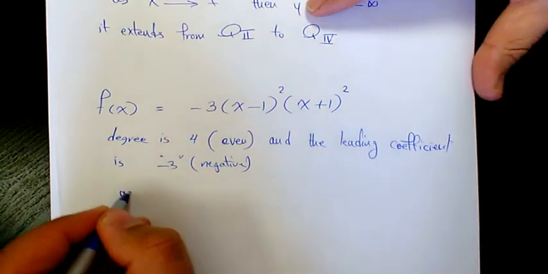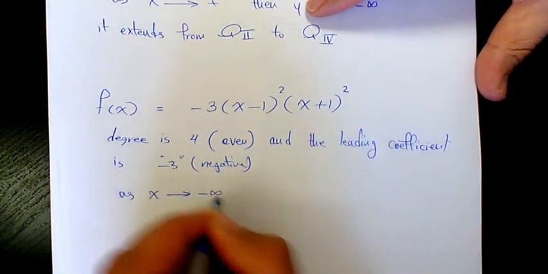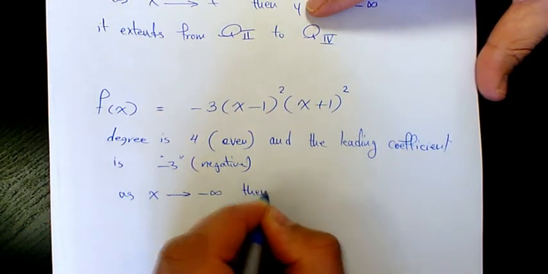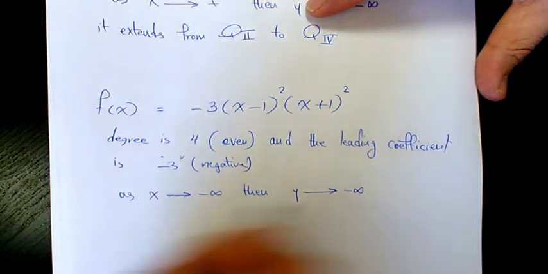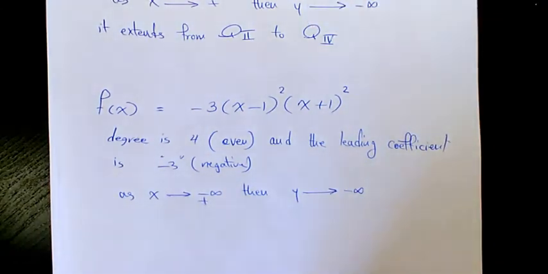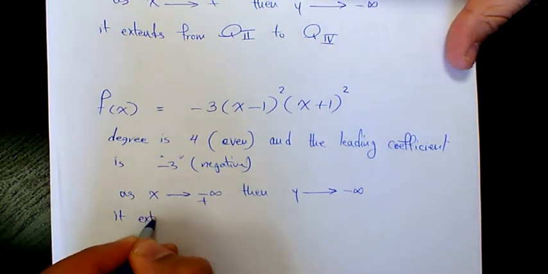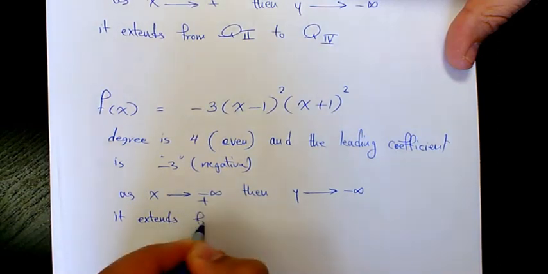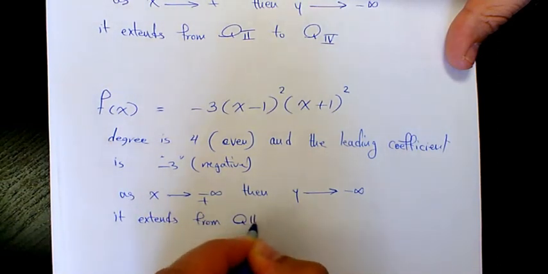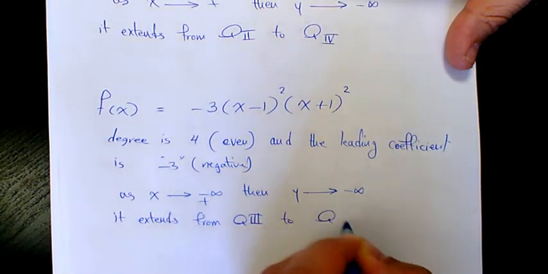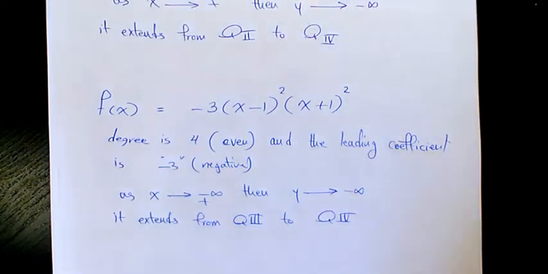As x goes to negative infinity, y goes to negative infinity, and as x goes to positive infinity, again y goes to negative infinity. So it extends from quadrant 3 to quadrant 4. So these are the end behaviors and the examples.